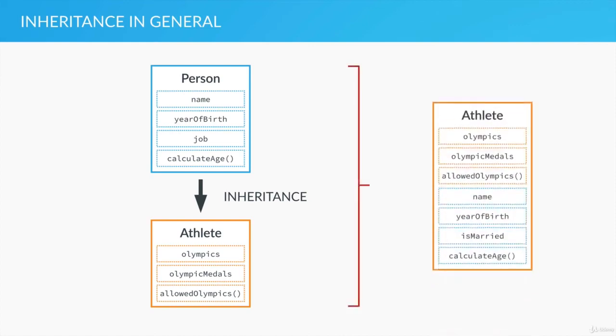So then, the athlete not only has access to its own properties and methods, but also the ones from the person object. Really cool, right? This allows us to write less code and make more logical programs. So this is a broad overview of how inheritance works in theory, and in all programming languages that have object-oriented features. So let's now see how JavaScript in particular handles inheritance with our person and John examples.